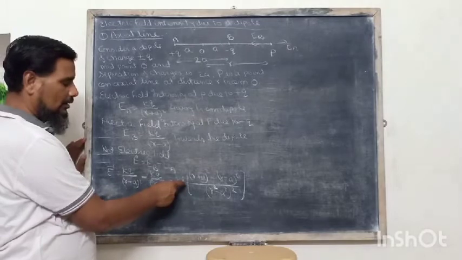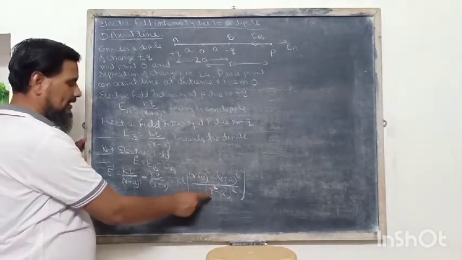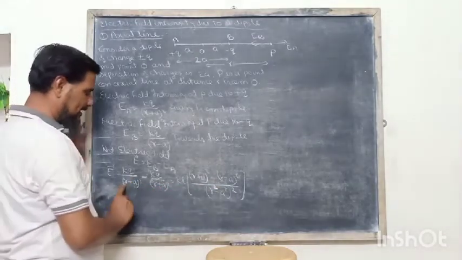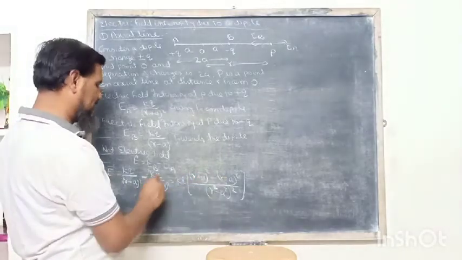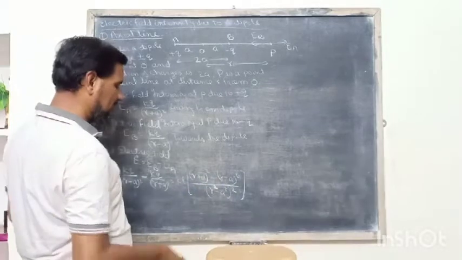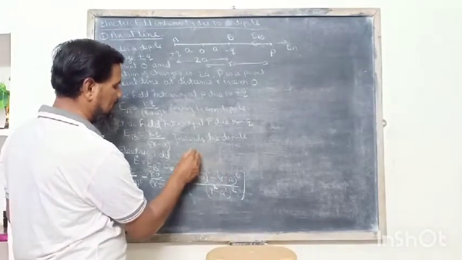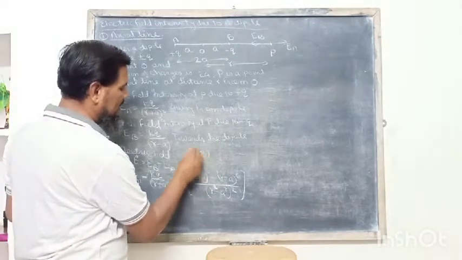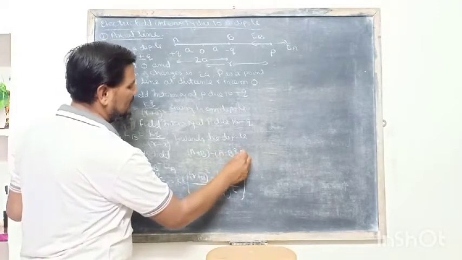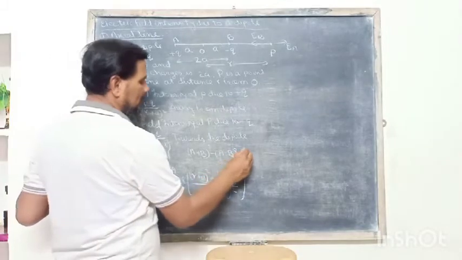because it is divided by this, and this value can be multiplied with this. When (r square minus A square) whole square is divided by (r plus A) square, we get (r minus A) whole square. We know the formula (a plus b) whole square minus (a minus b) whole square is equal to 4ab.